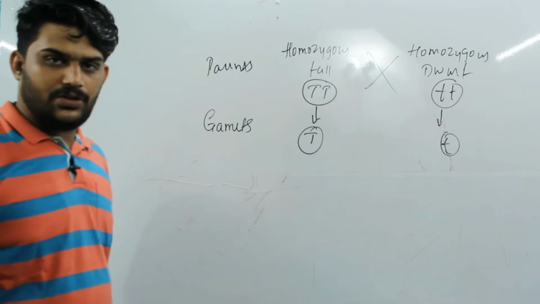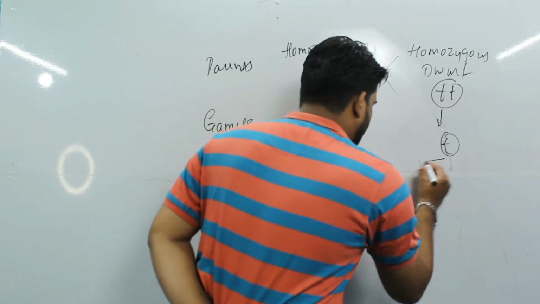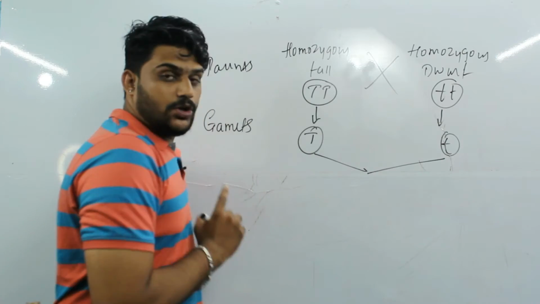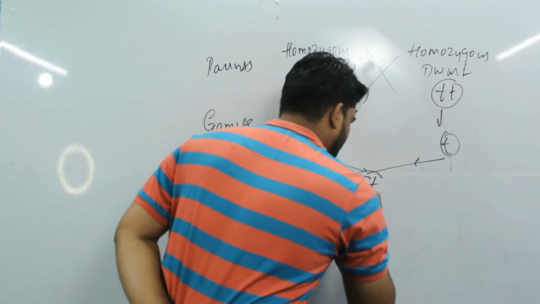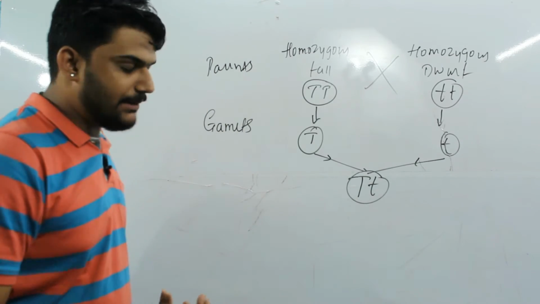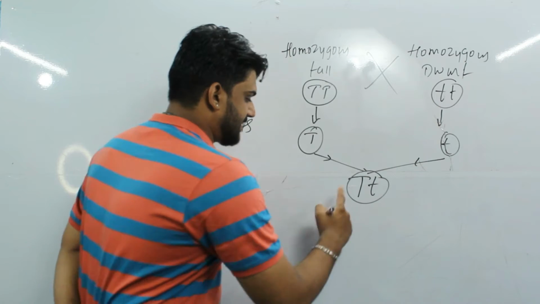There will be crossing. So these are going to fuse, right? The two gametes are going to fuse, and it is going to give us a plant or a seed which has been developed into a plant by Mendel, which was showing tallness, okay?